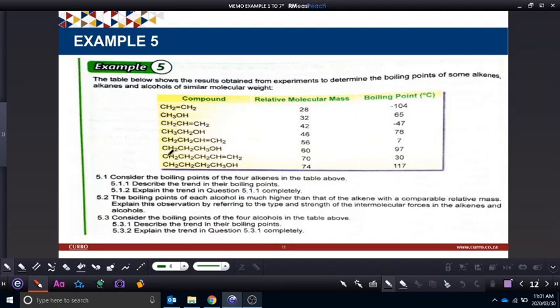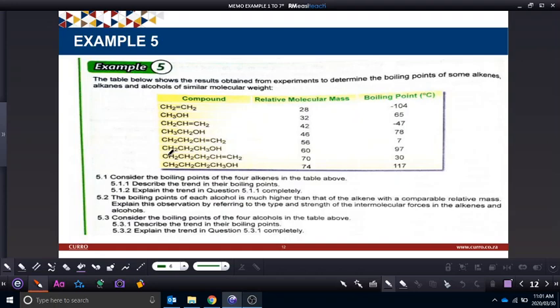So, consider the boiling points of the 4 alkenes in the table below. Describe the trend in their boiling points. If you increase the number of carbons, the boiling point also increases. Explain the trend completely.